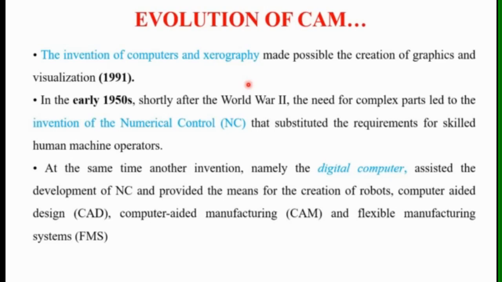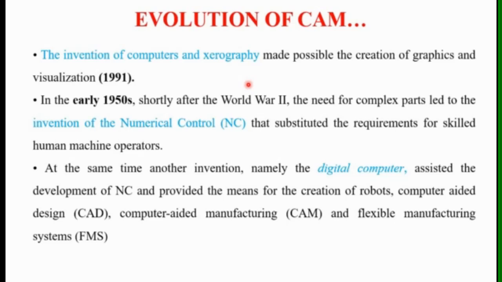At the same time, another invention, namely the digital computer, was also developed in this phase. These assisted the development of numerical control and provided the means for the creation of robots, automation, computer-aided design, computer-aided manufacturing, and also flexible manufacturing systems.